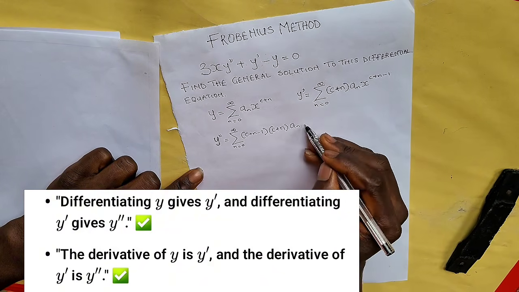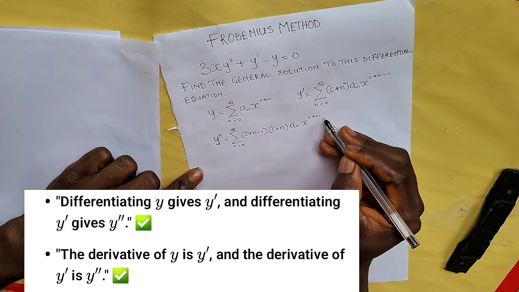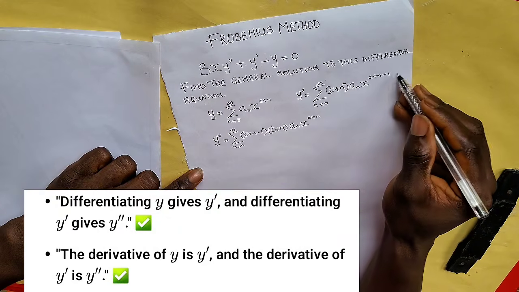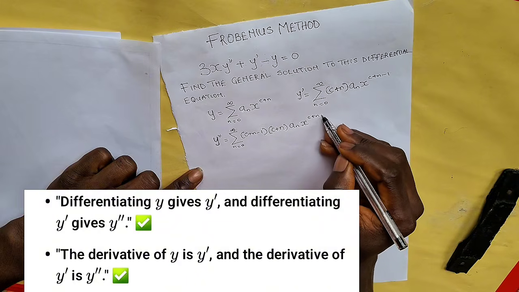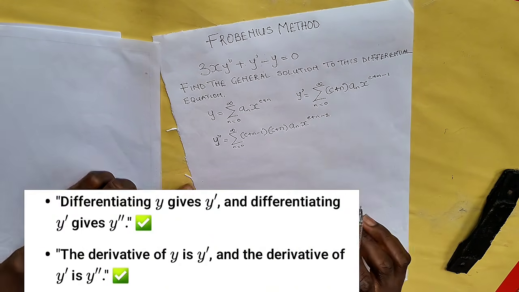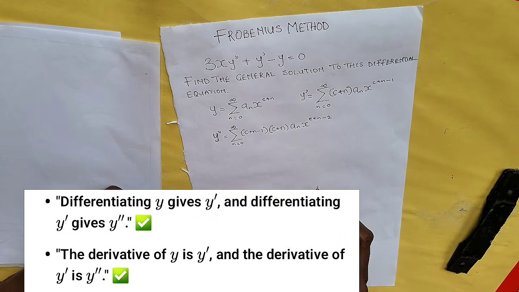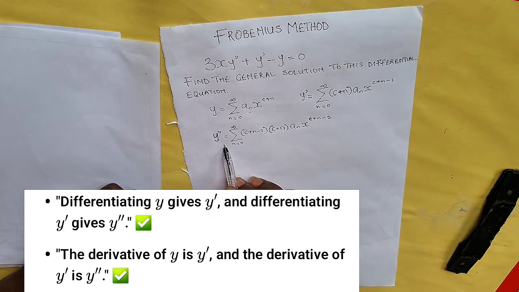Okay, so I'm going to put this x^(c+n). So I'm going to have minus 1 minus 1. So if I add minus 1 together, I'm going to have minus 2 here. So that's y double prime.